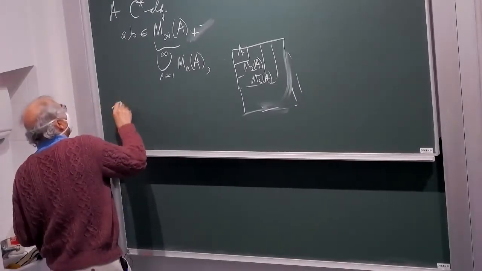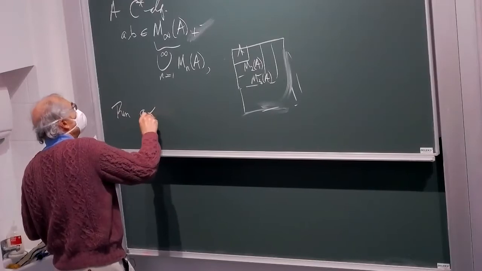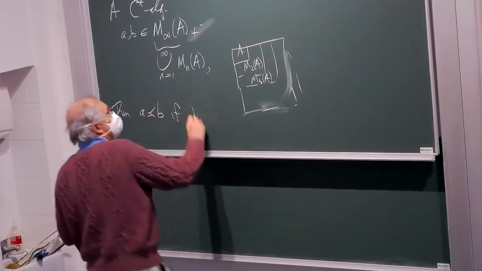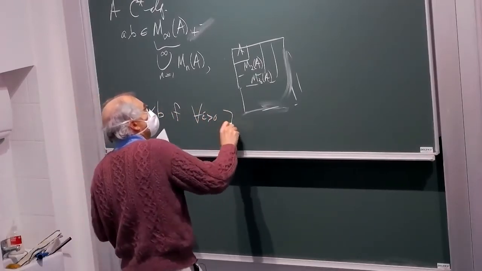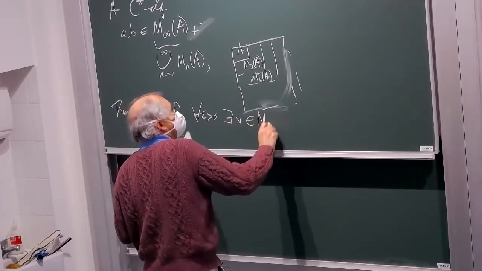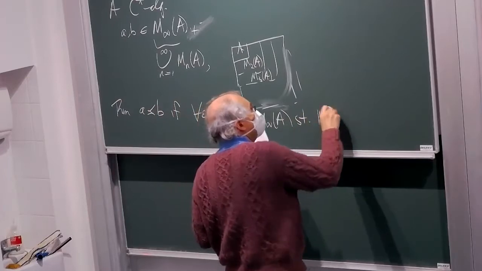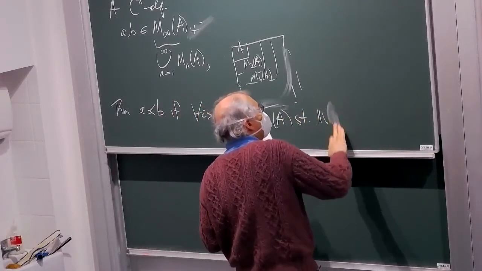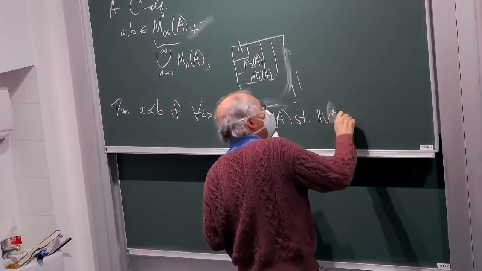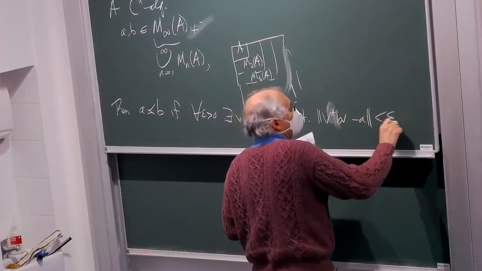Then A is Kunz subequivalent to B if for all epsilon bigger than 0, there exists a V in M infinity of A such that the norm of V star B star B V minus A is less than epsilon.